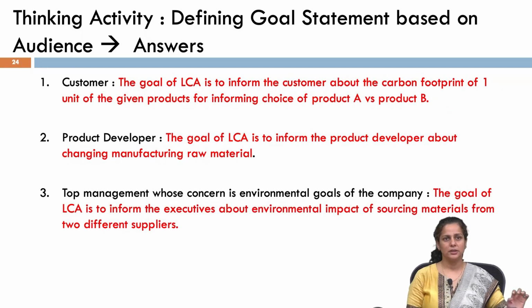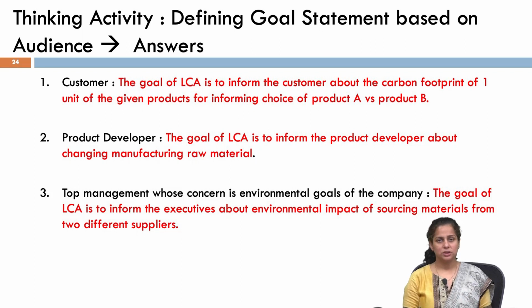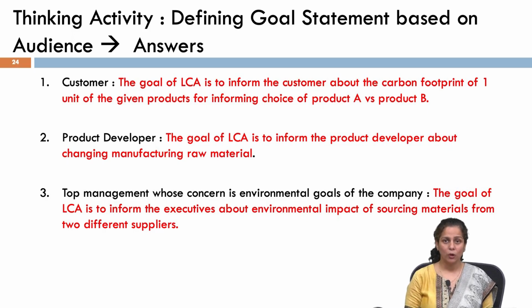And the last one is the top management, whose concern is the environmental goals of the company. So, in this case, the goal of LCA is to inform the executives about the environmental impact of sourcing materials from two different suppliers. And now here you see that instead of just looking at the substitution of material, they will also be looking at the operations of the suppliers.